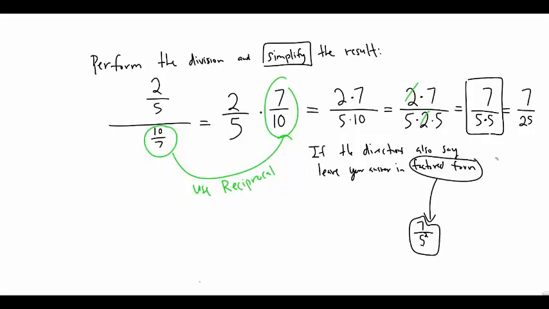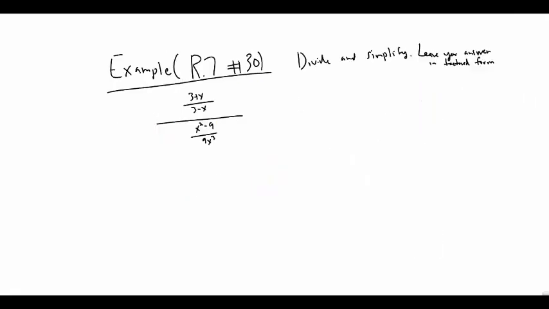Now let's divide two rational expressions. Let's do this problem. Problem number 30. Same instructions as the previous example. This time, instead of rational numbers, we have rational expressions. Let's do this division. It turns into a multiplication problem.